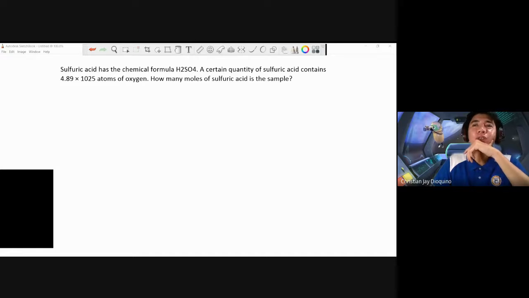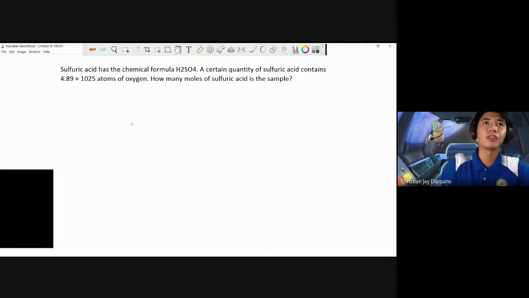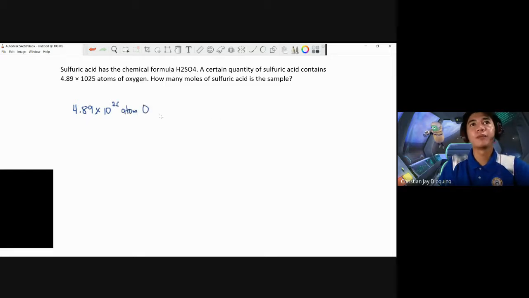So in this situation or in this problem, as you can see, ang tinatanong is the moles of the whole molecule, which is sulfuric acid. But the given here is just the bit of the compound, which is an atom of oxygen. So anong gagawin po natin? Of course, given naman yung oxygen natin dyan na merong 4.89 times 10 raised to 25 atoms of oxygen.